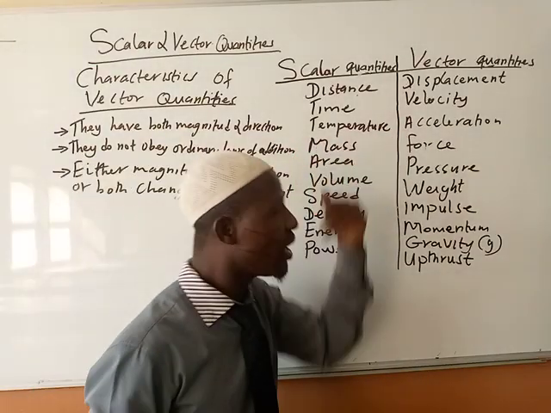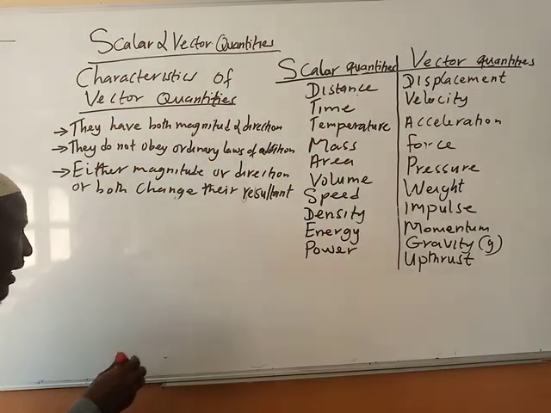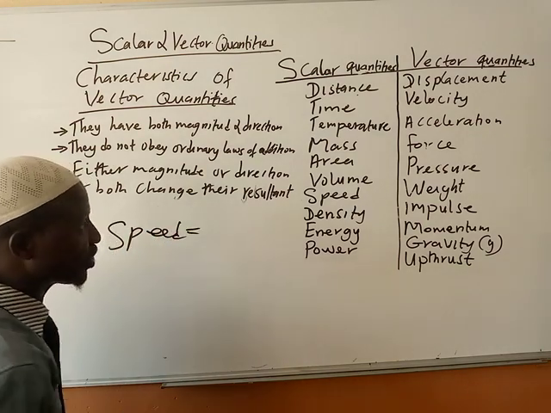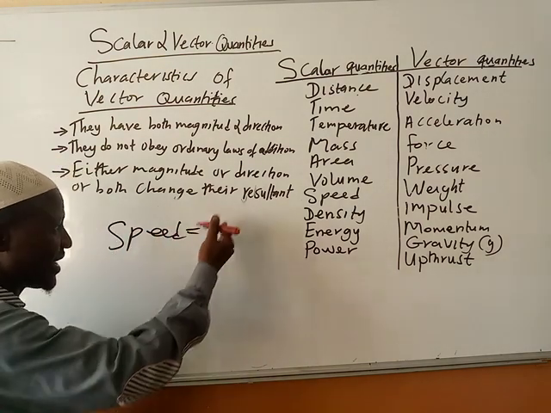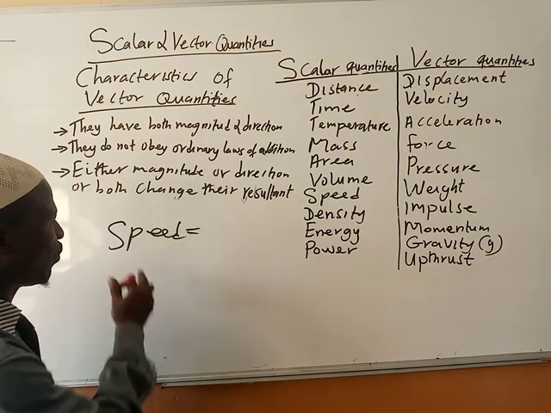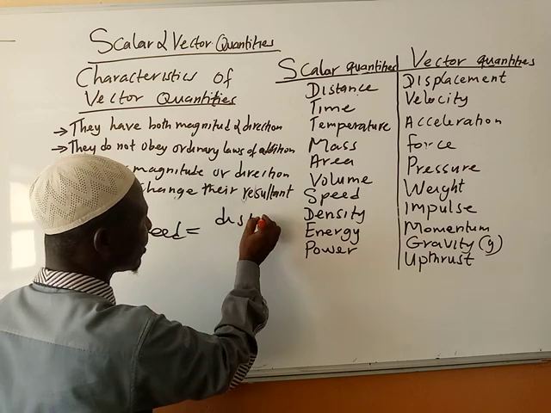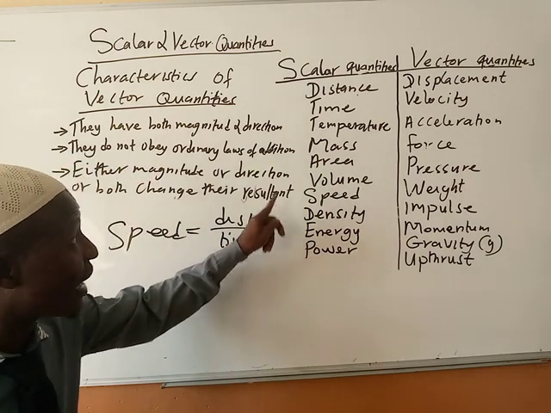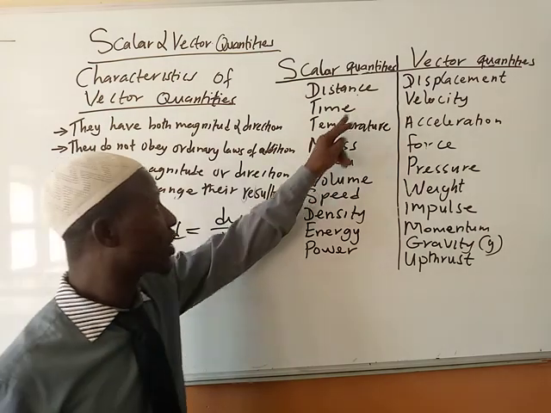Now, you can use formula to identify vector from scalar quantity. For instance, speed is also scalar quantity. What is the derived quantity of speed? We have distance over time. Distance is a scalar quantity, and time is a scalar quantity.